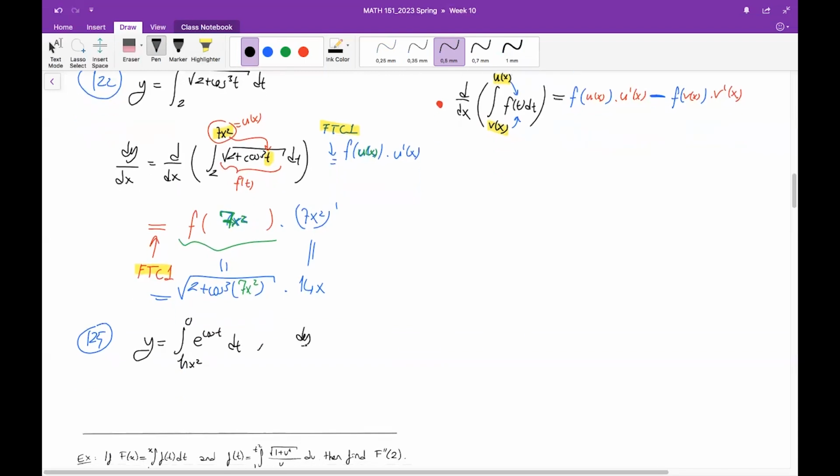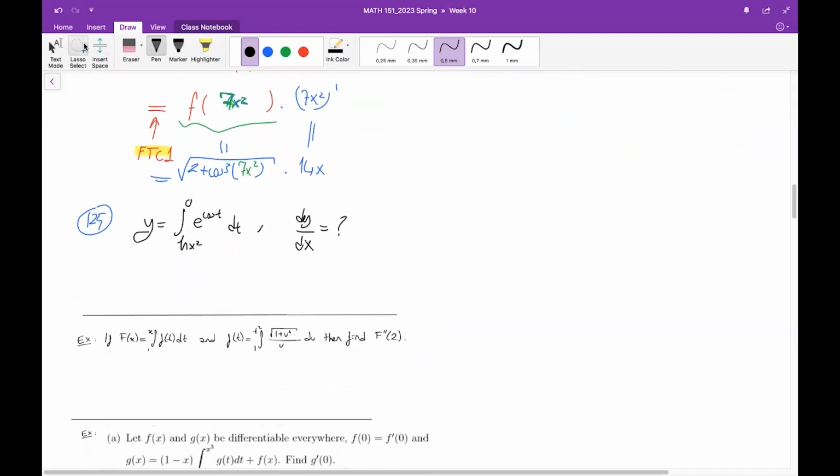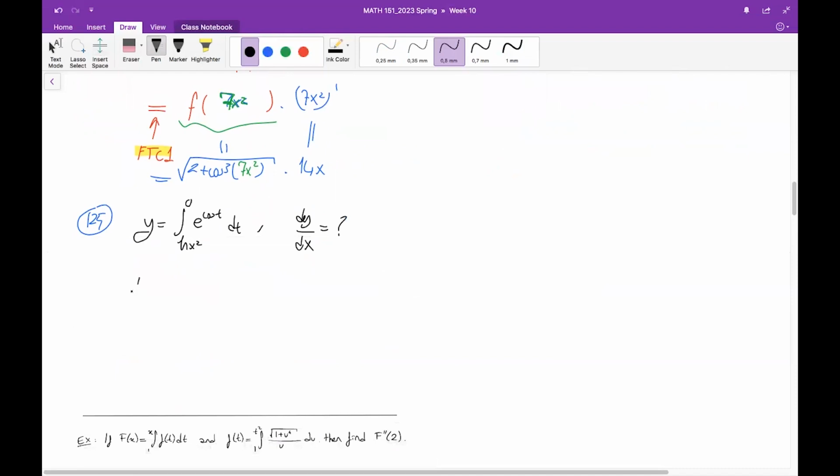And the question is, find the first derivative of y, not with respect to t, of course, because if you have something depending on x at the boundaries, your function depends on x, so you can derive it with respect to x, okay? So dy over dx is d over dx of this y function, the integral from ln x squared to 0 of e to the power cosine t dt. Okay.